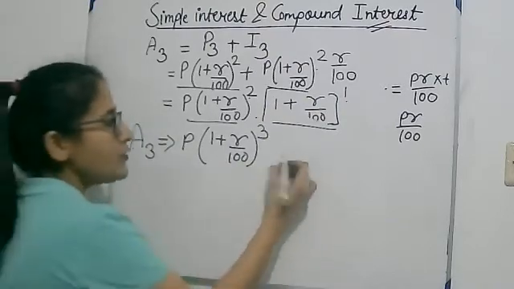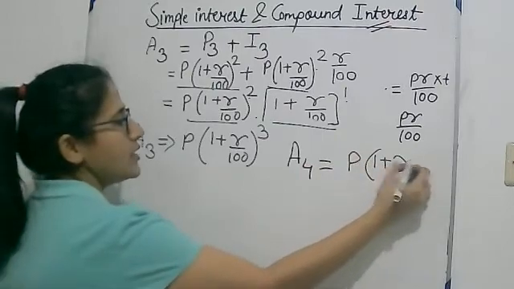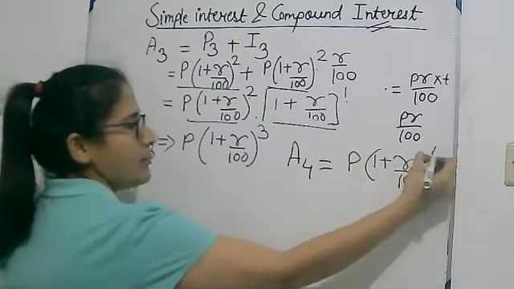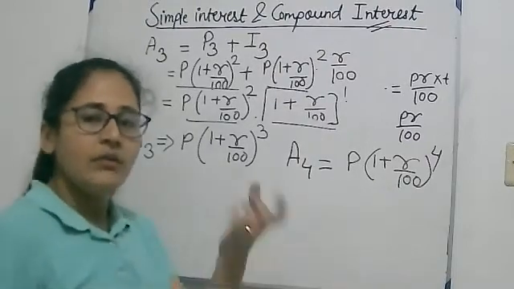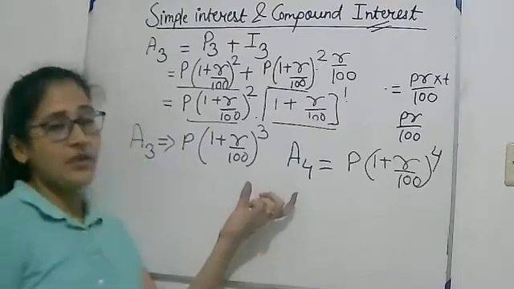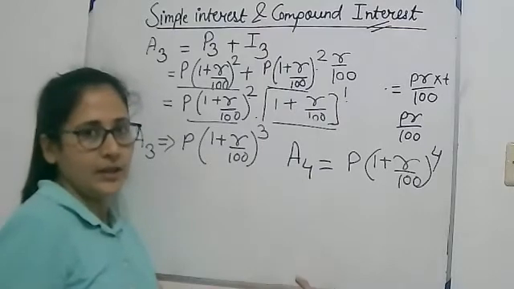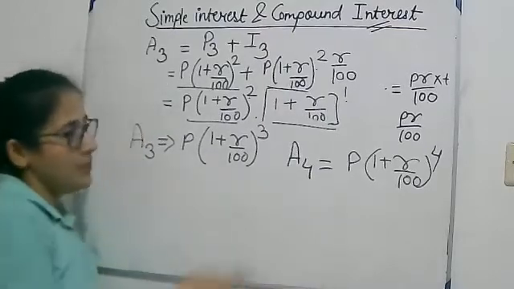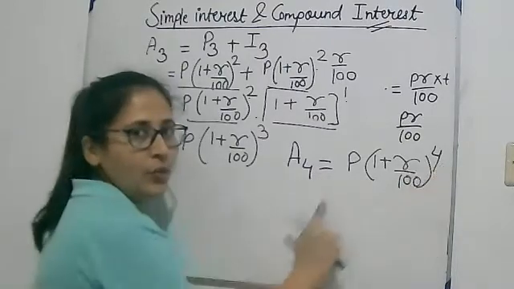So if I ask for the fourth year, A4 will be P(1 plus R over 100) power 4. So for the fourth year, what will be the principal? The principal will be the amount which we are paying in the end of the third year. So basically the formula for the fourth year, this 4 and this 4, both are the same.